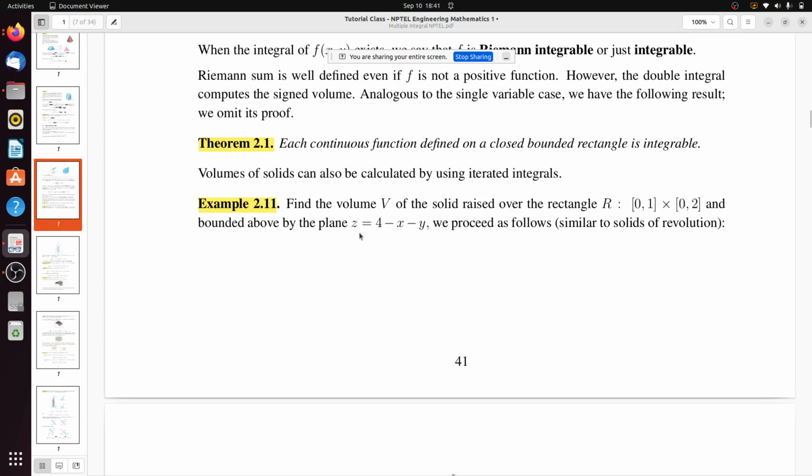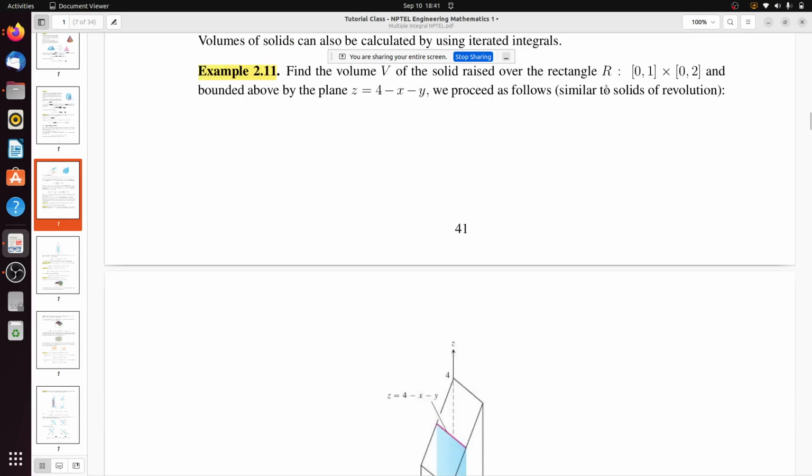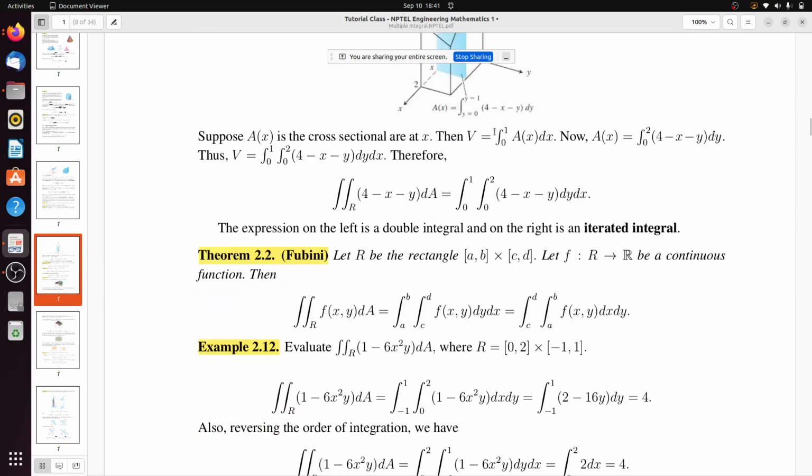So you have to integrate z, whose expression is 4 minus x minus y, over this rectangular region. So this is 0 to 1, 0 to 2, 4 minus x minus y dy dx. This type of expression, on the left is a double integral and on the right is an iterated integral. This type of term we call in mathematics an iterated integral.